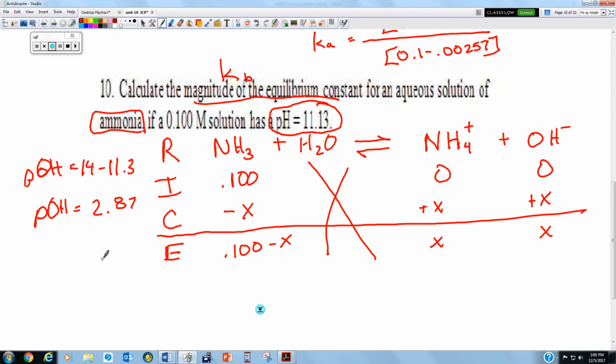All right. So from pOH, I can use 10 to the negative pOH equals concentration of hydroxide. So OH negative equals what?